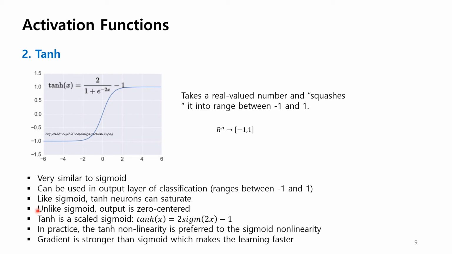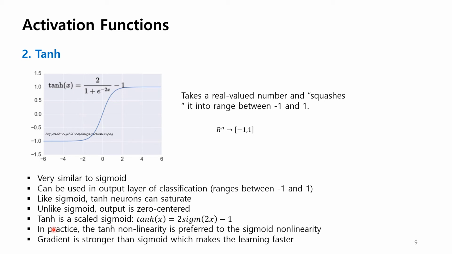There's one difference here. Sigmoid is not zero-centered; everything is positive, and that was one problem. But in hypotangent, the output ranges between -1 and 1, so we have plus and minus. That's the advantage of hypotangent over sigmoid. It is zero-centered, so when you use gradient descent, it doesn't move in one direction only. It can move in any direction, plus or minus.